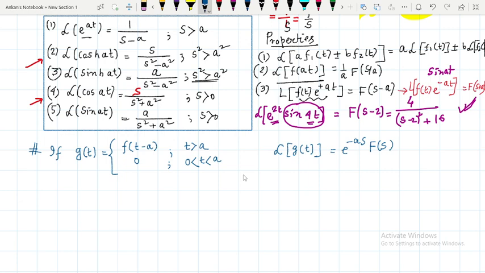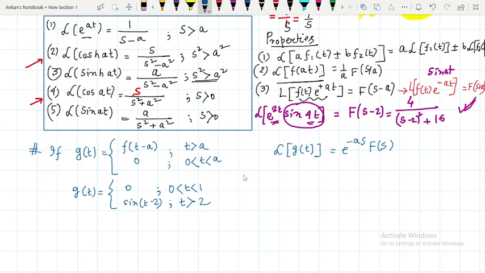Let us take an example. Suppose g(t) is 0 for 0 less than t less than 2, and sine of t minus 2 for t greater than 2.